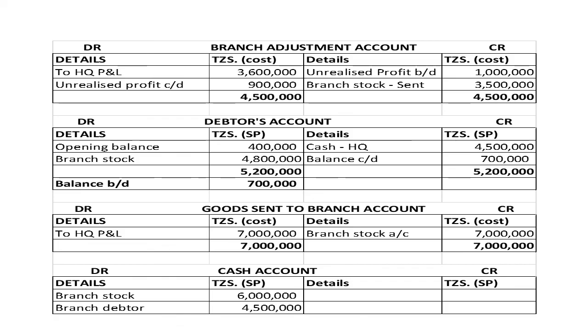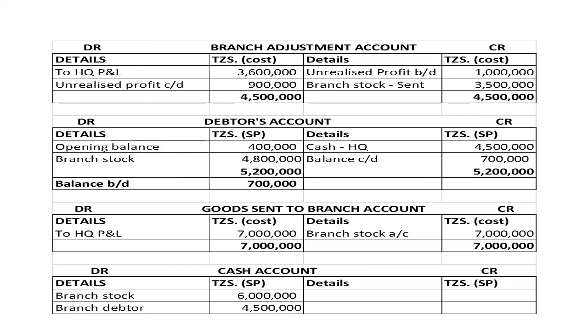So in this case, the profit made by the branch will be shown by the branch adjustment account or branch markup account. This branch markup or branch adjustment account will take care of the profit loaded.